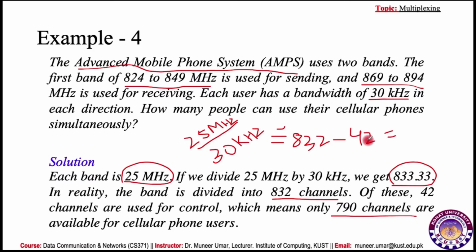So if we subtract this 42 from 832, we get 790. So 790 channels are available for cellular phone users. That means 790 people can simultaneously use their cell phones connected with the AMPS network having these ranges of frequencies, and each user using 30 kilohertz.